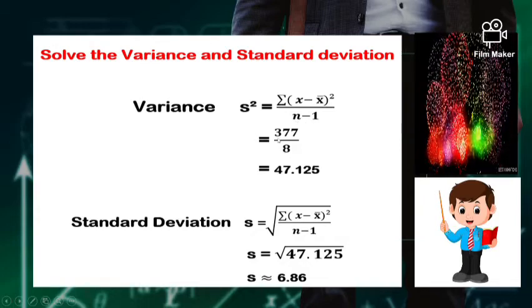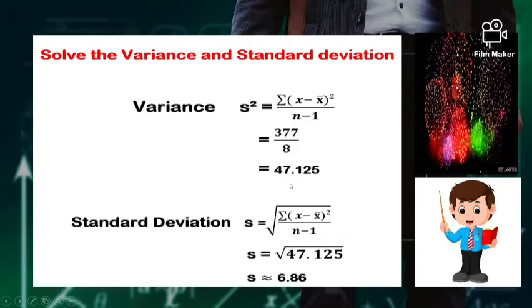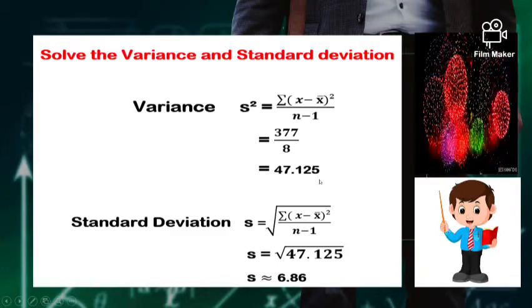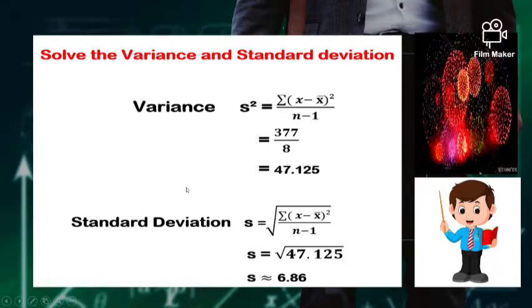If you divide 377 by 8, you have now 47.125, or 47 and 125 thousandths. Now you can actually get your standard deviation.